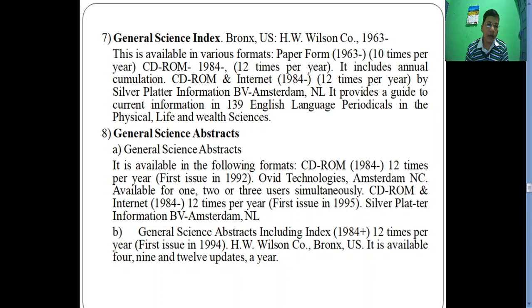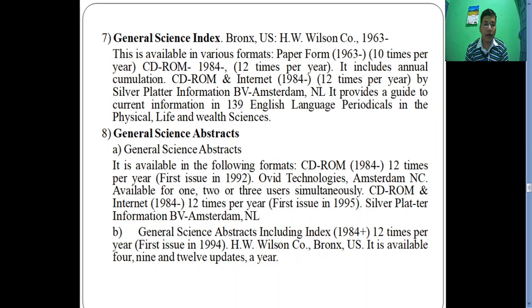General Science Abstracts. It is available in the following formats: CD-ROM since 1984, 12 times per year, first issue in 1992, and Ovid Technology, Amsterdam, available for 1, 2 or 3 users simultaneously.